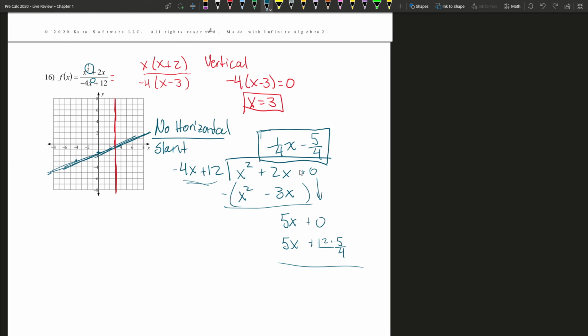So then we need to test to the left of the asymptote and to the right of the asymptote. To the left, we can plug in something like 0. We want something to the left of the red line.